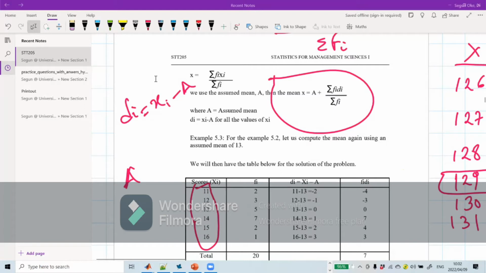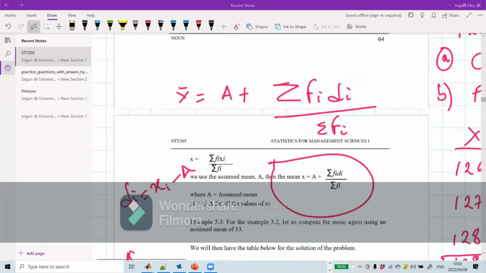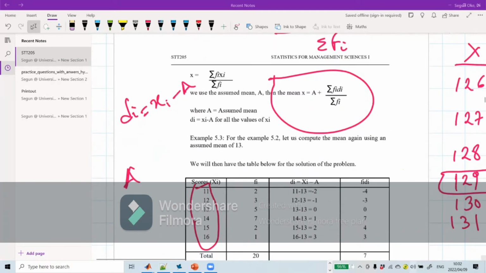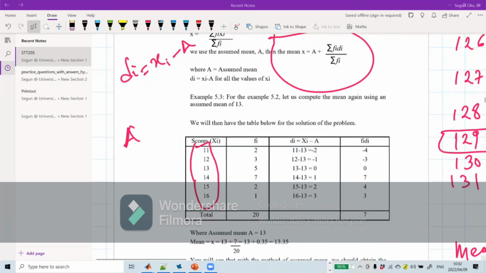So we have assumed value. What it simply means is, remember the question you are given. The question you are given is here from 5.2.